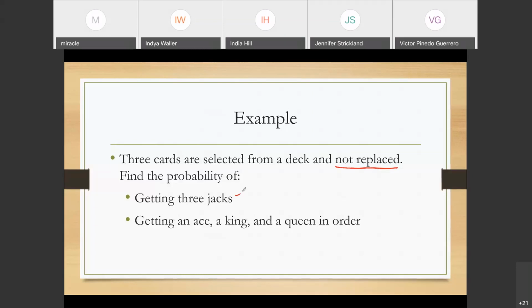All right, so this means that we want the first card to be a jack and the second card to be a jack and the third card to be a jack.